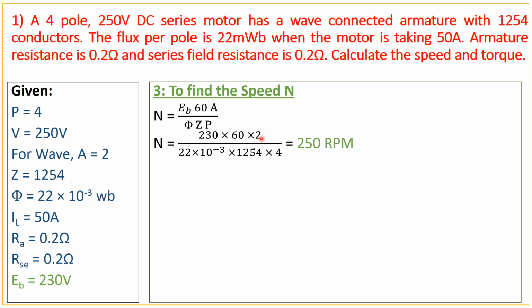If it was lap then it was P, which is nothing but 4. And phi is 22 milliweber, so 22 into 10 to the power minus 3, into Z is 1254 conductors and number of poles are 4. So directly you substitute and you will get N, that is the speed, as 250 rpm.